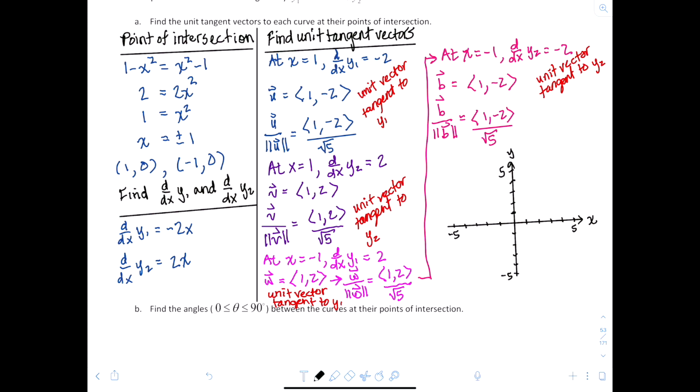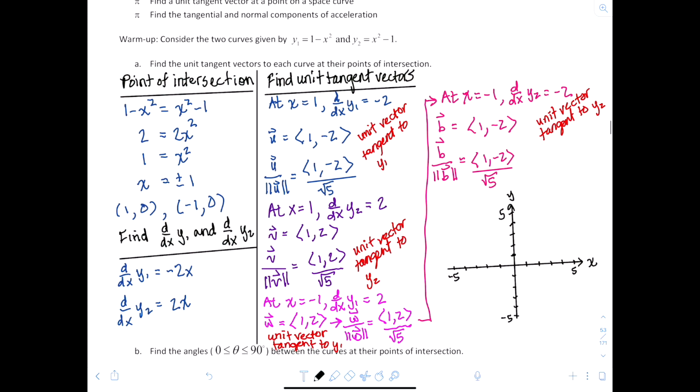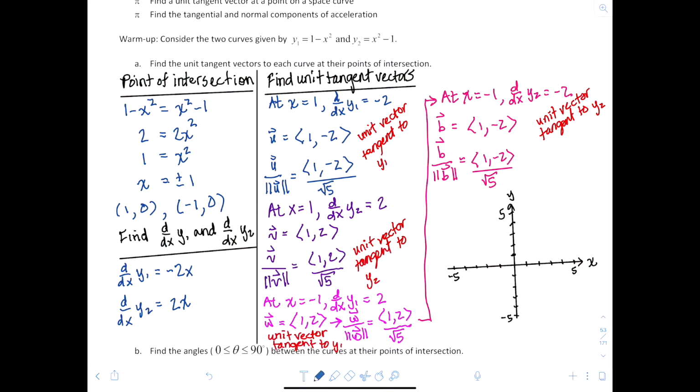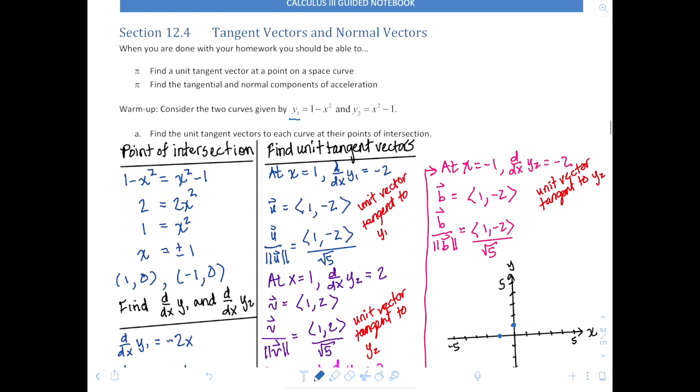So if we've got the two graphs, let's just graph this one in blue. So this is y1, and it's going to open downward and be shifted up by 1. And then we already know they both intersect at these points here.